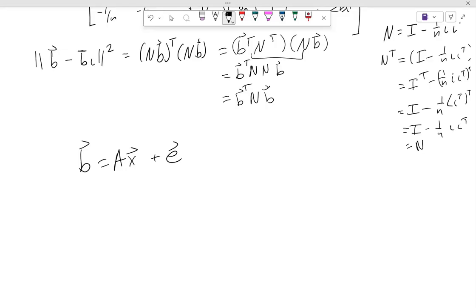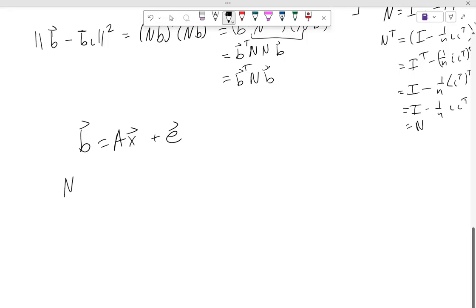All right. Let's hit both sides with n. That doesn't look very interesting. But hit it with an n because we're going to use this n matrix again to give us that sum of squared error idea, right?